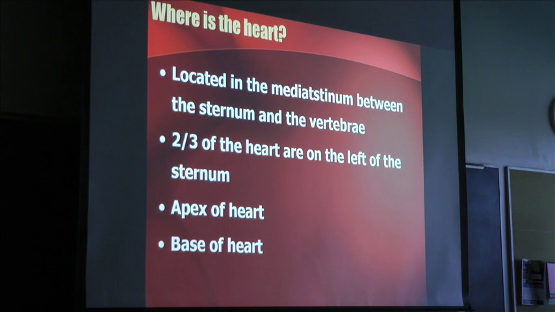And when we're doing CPR, we put our hands on the sternum and we compress the sternum in order to squeeze the heart and eject blood from the heart when the heart is stopped. You might think, well, shouldn't we be putting our hands over to the left of that? And the answer is no. So when you're placing your hand on the sternum and compressing down, you're compressing part of the heart, since it is in the mediastinum.